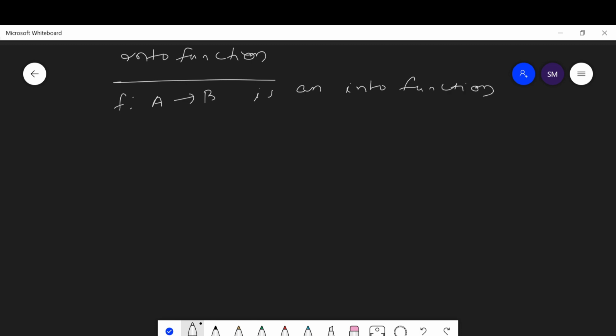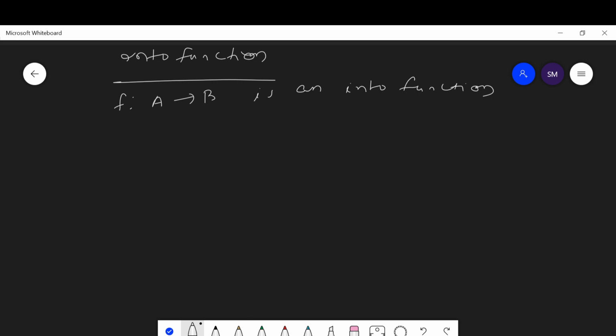If there exists an element in set B having no pre-image in set A. Just recall, in the onto case, each element of set B has a pre-image in set A. But here there must exist an element in set B having no pre-image in A.